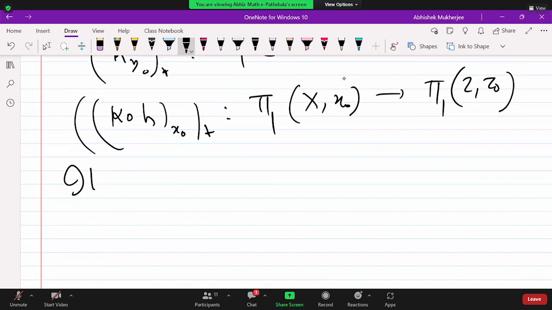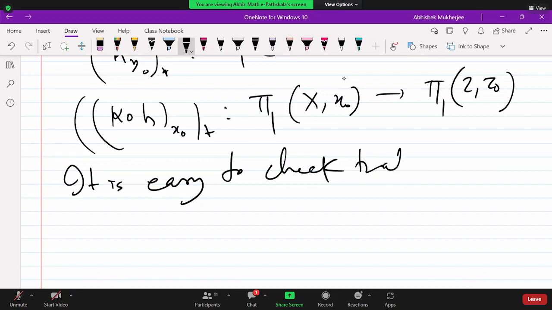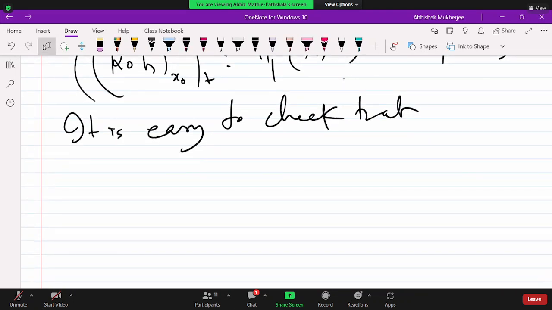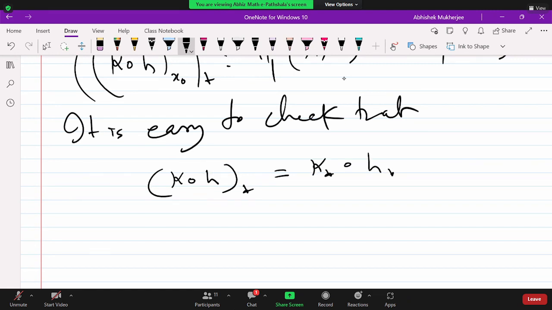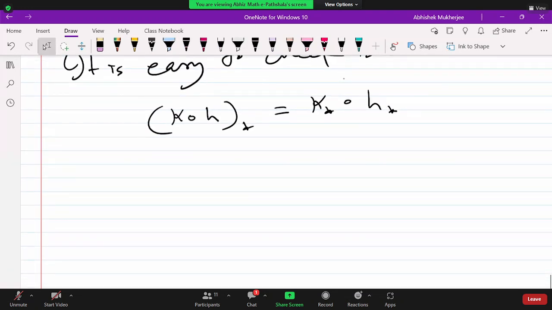And it is easy to check that this k composed h star is nothing but k star composed h star. And the identity map on the space X will give you a homomorphism from the fundamental group of X to itself.